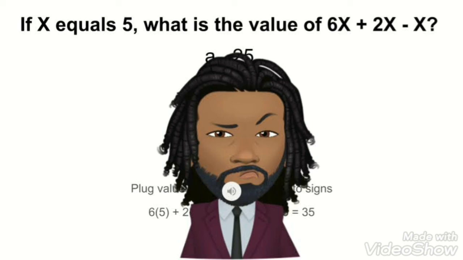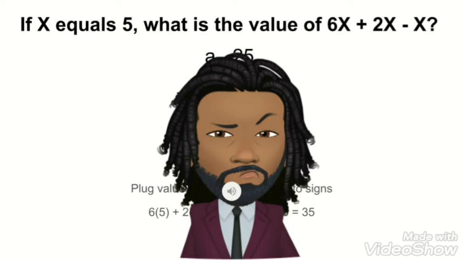And all you're doing is just plugging a 5 in everywhere you see an x. If x equals 5, what is the value of 6 times 5 plus 2 times 5 minus 5? So I have 30 plus 10 is 40 minus 5, right?